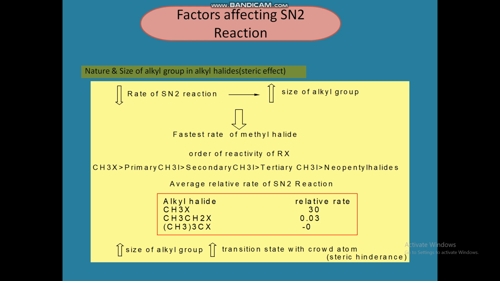The rate of reaction decreases in the series: methyl iodide is 30, primary iodide CH3CH2X is 1, secondary iodide (CH3)2CHX is 0.03, and tertiary iodide (CH3)3CX is approximately 0.